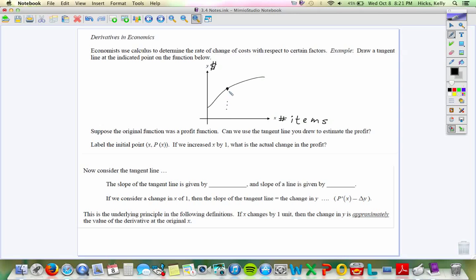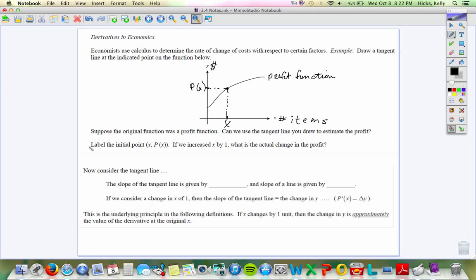So this is a profit function. Now, this number of items, excuse me, we're just going to call it X. Now, the profit at that point would be P of X.